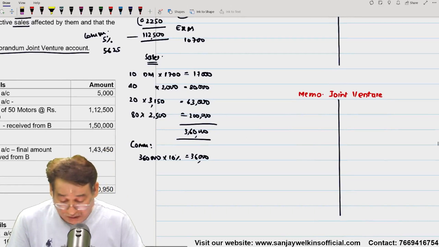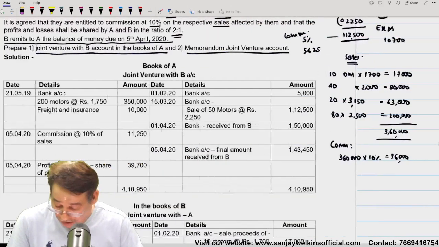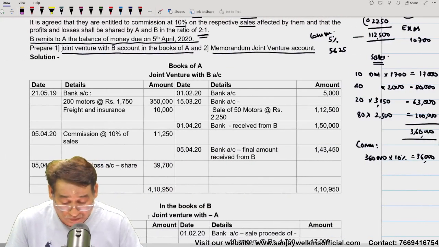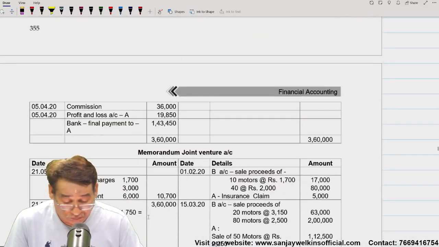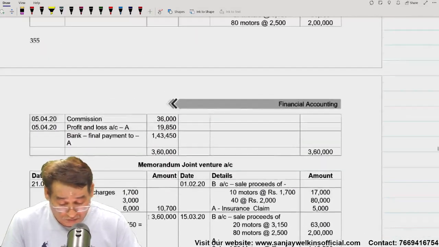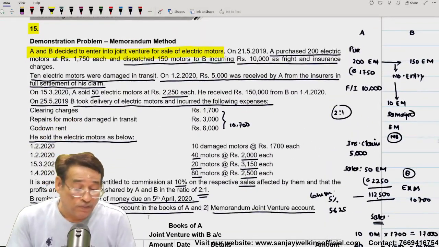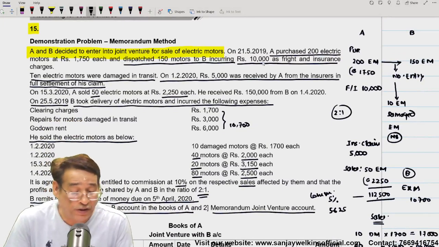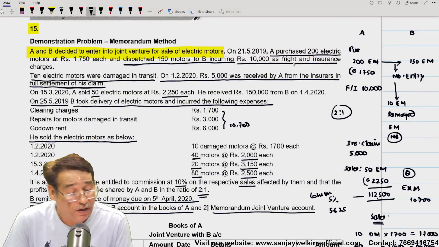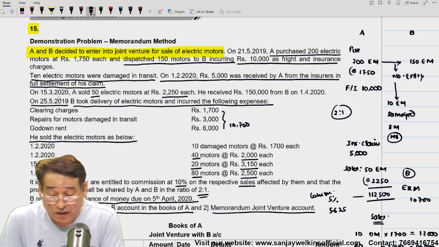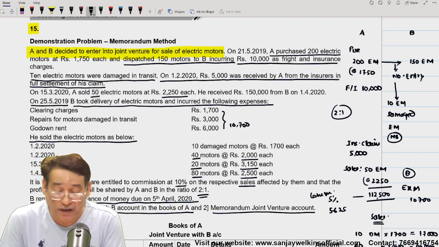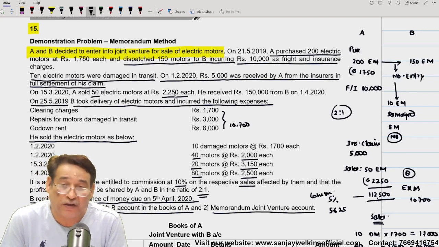okay, let's have a look whether we haven't left anything to chance. So, A purchased 200 motors, dispatched 150 motors, paid 10,000 as freight and insurance. 10 motors damaged, 5,000 was received by A. Then on 15/3/2020, A sold 50 electronic motors at the rate of 2250.